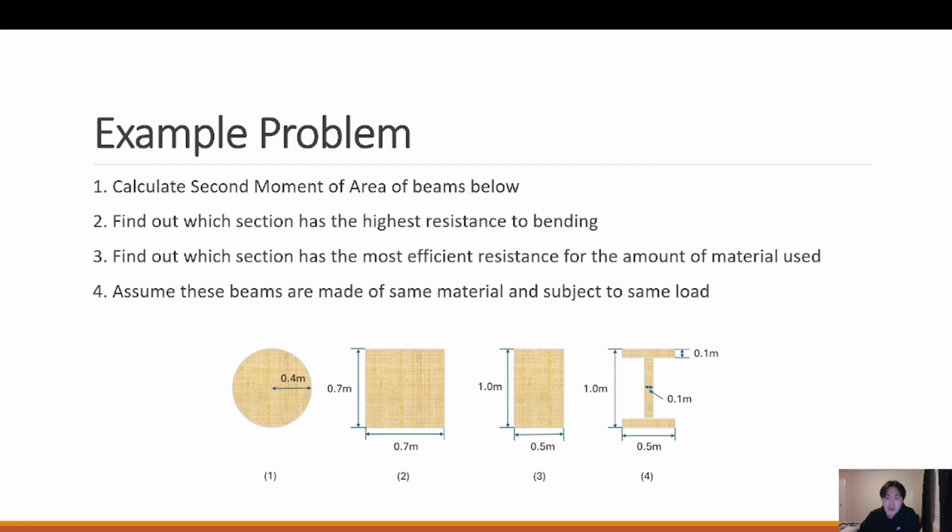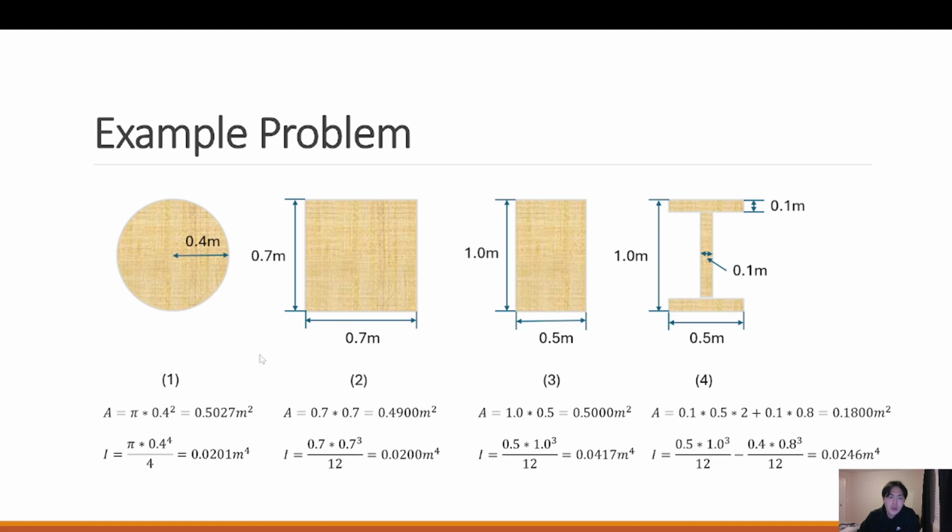So it means like a cost efficiency, right? And this is the assumption. Assume these beams are made of same materials and subject to same load. Means same condition.